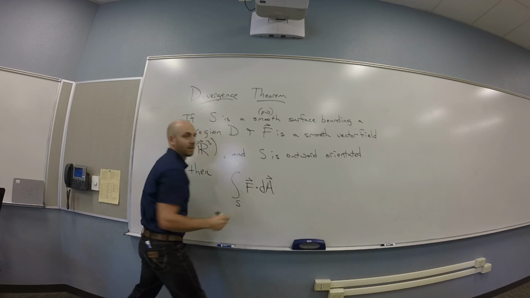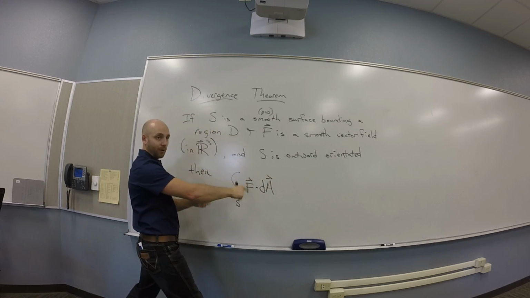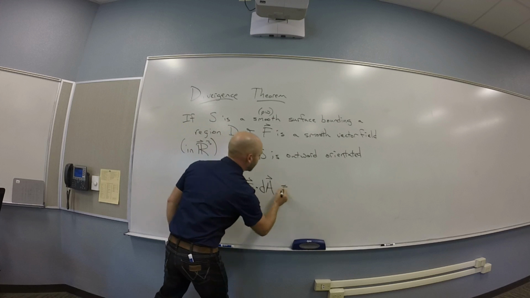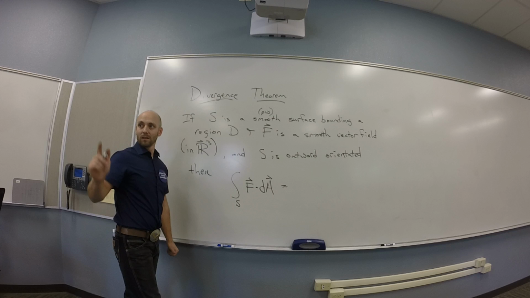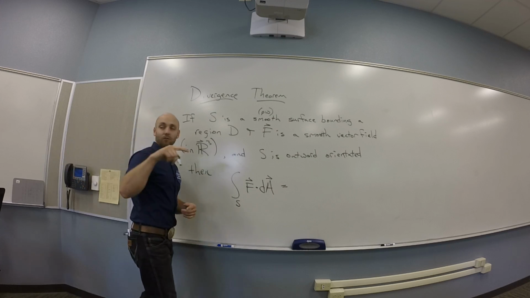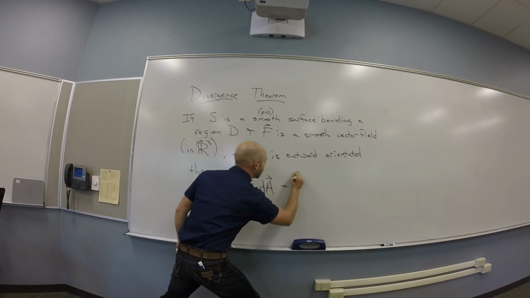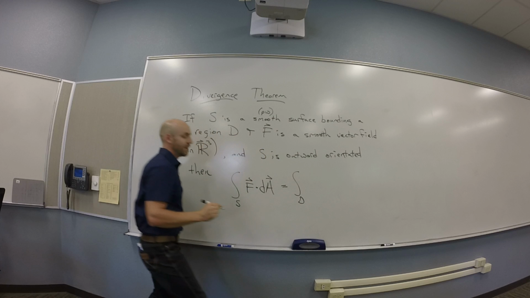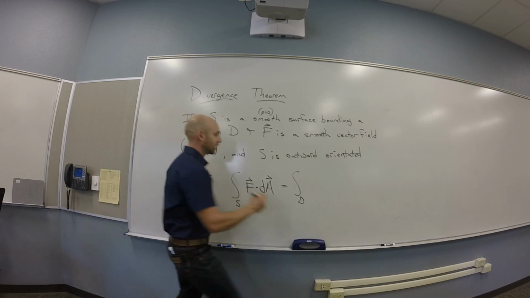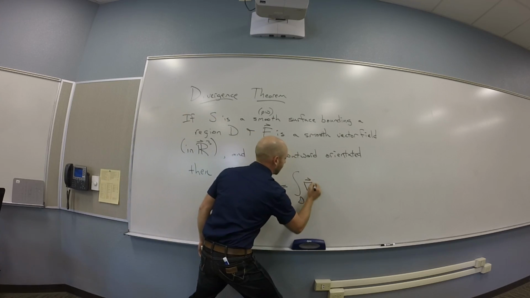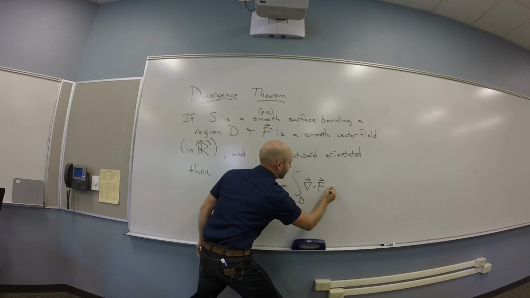In other words, the flux through S is equal to the integral over D, and this should be a triple integral. So I'm going to use good notation: the integral over D of the divergence of F dV.